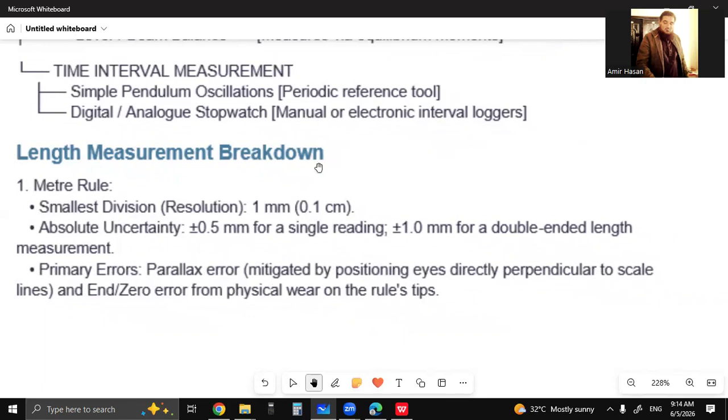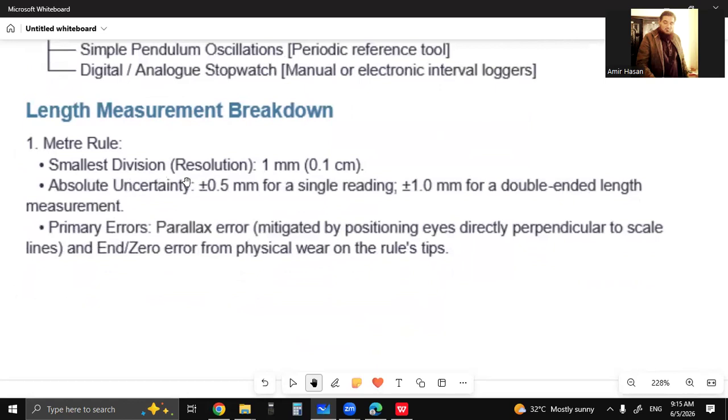Half of 0.1 is 0.5 millimeter for a single reading, and 1 millimeter for a double-ended length. 1 millimeter is 0.1 centimeter, and when we divide it, it will be 0.5. So it is plus or minus 0.5 millimeter for a single reading, and plus or minus 1 millimeter for a double-ended length.